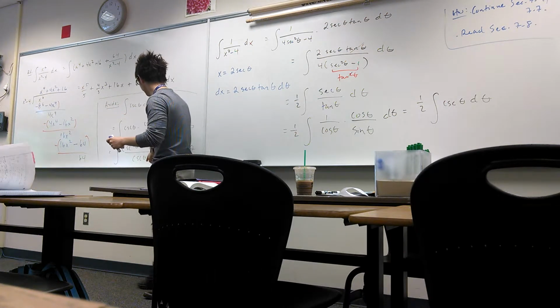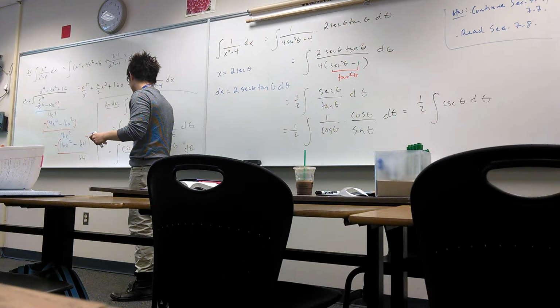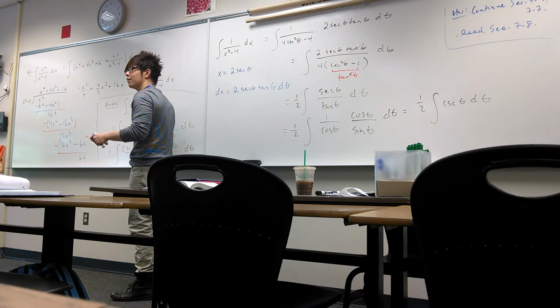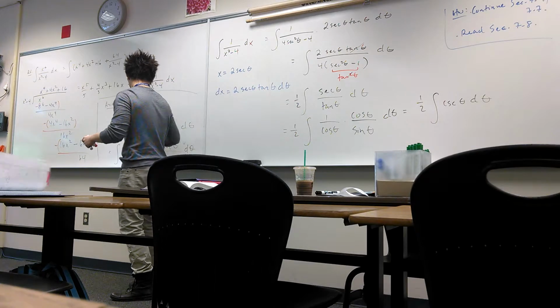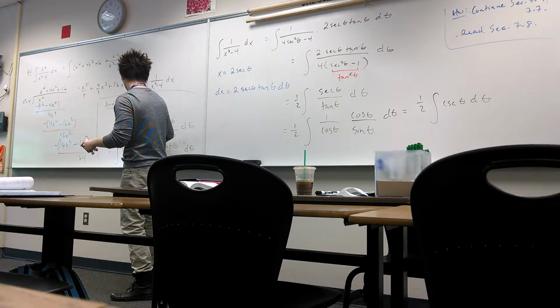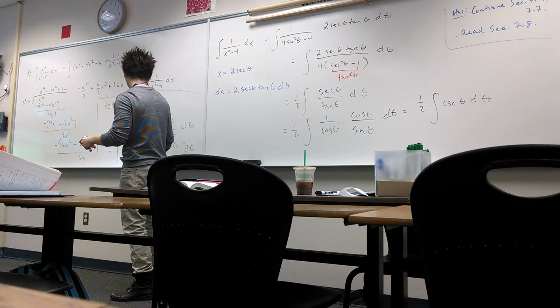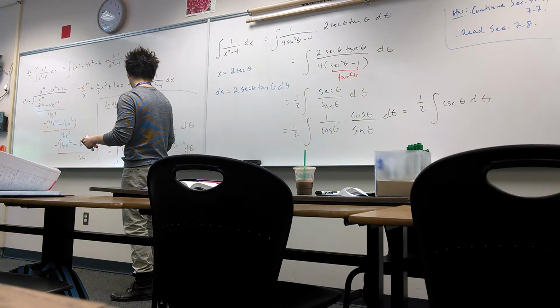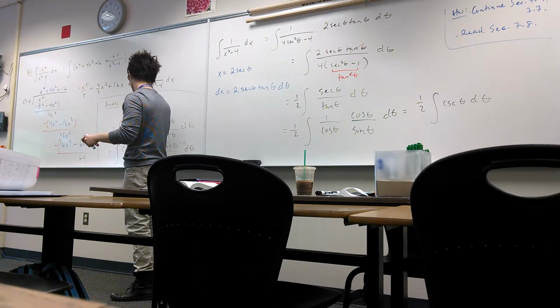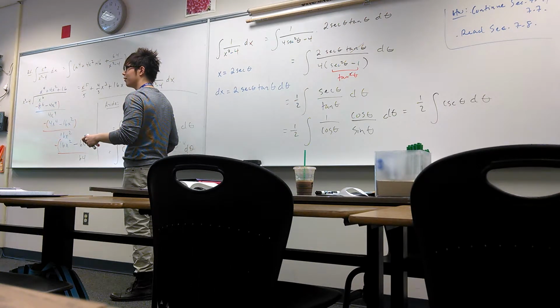So in this case, what's the derivative of cosecant? With a negative, right? So you have a positive here. Okay, what's the derivative of cotangent? Cosecant squared, negative or positive? Negative, right?